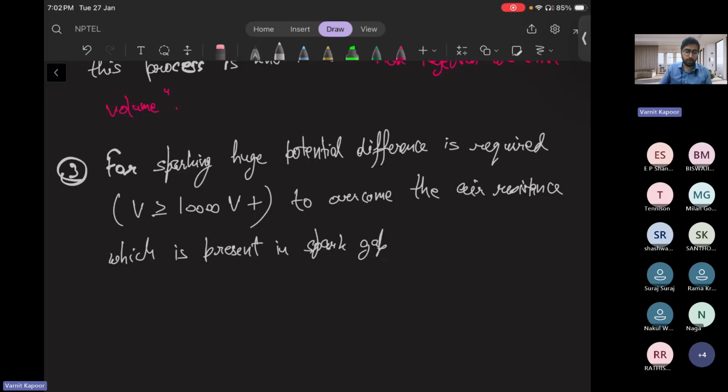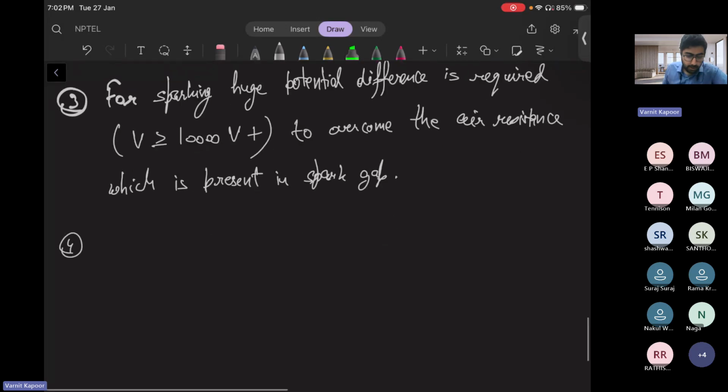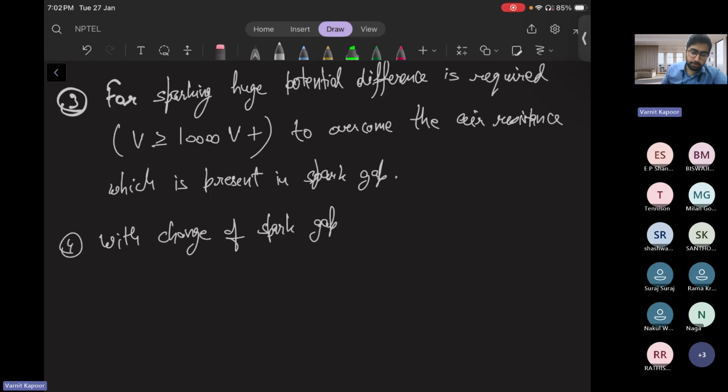And with change of spark gap, the spark strength will vary.